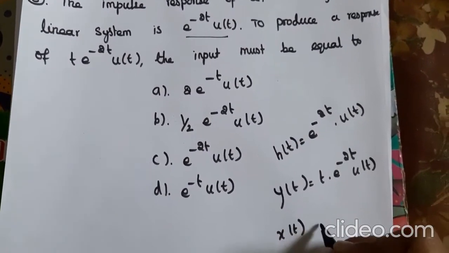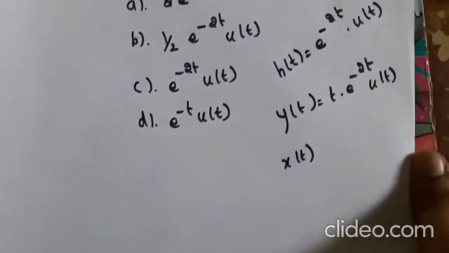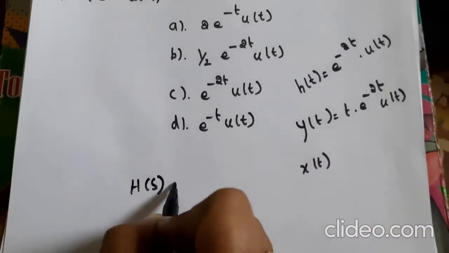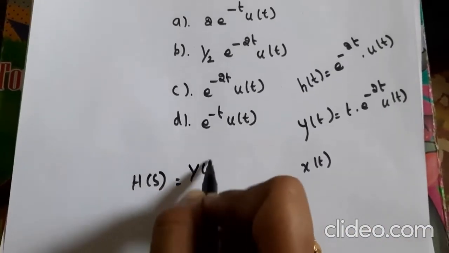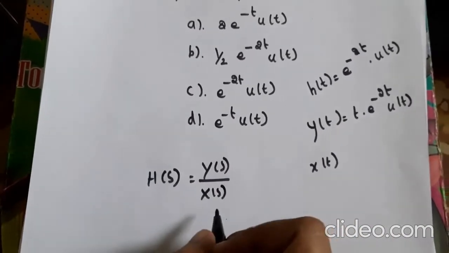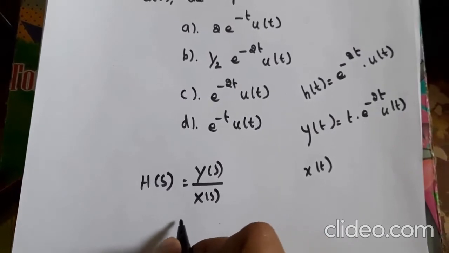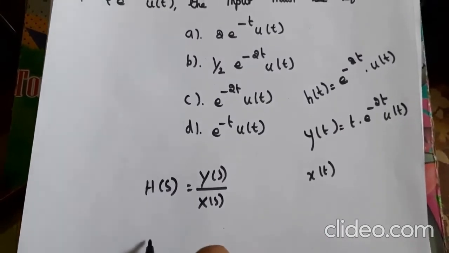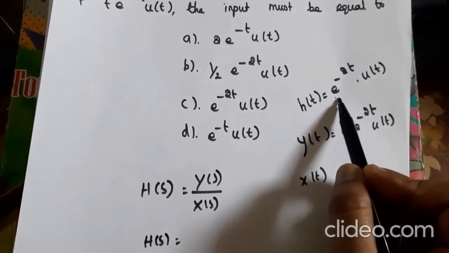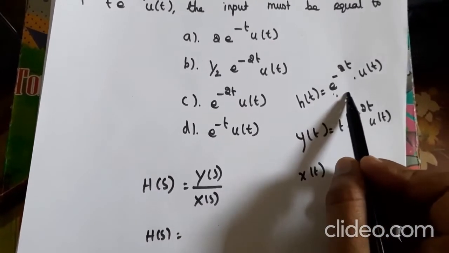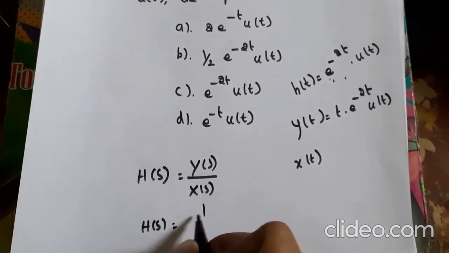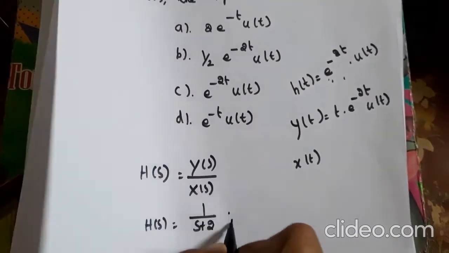For that, we know the relationship: h of s is the transfer function, equal to y of s divided by x of s. Taking the Laplace transform of h of t, we get h of s equal to 1 by s plus 2.